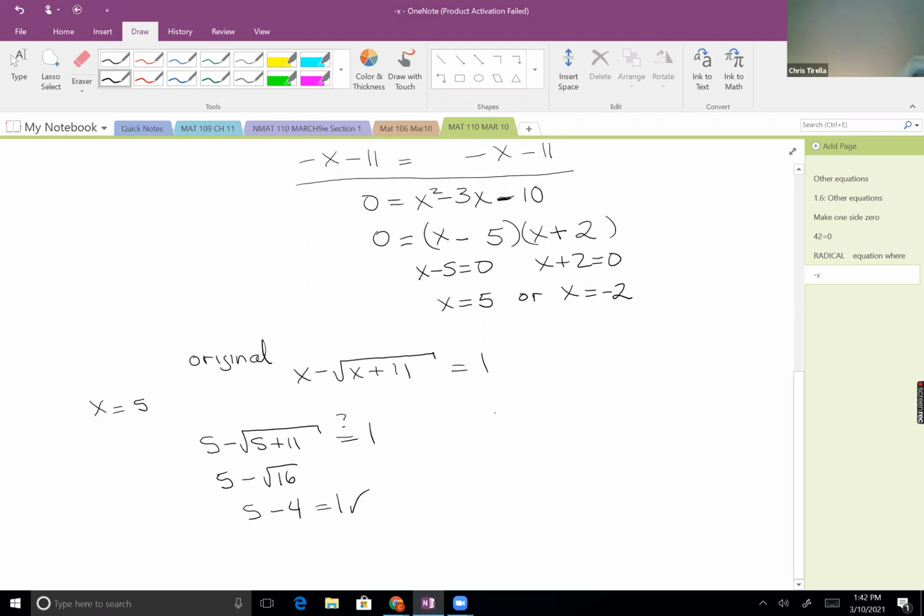Now let's check that x equals -2. And I get -2 minus the square root of -2 plus 11 is supposed to equal 1. So that's -2 minus the square root of 9, -2 minus 3, or -5, is definitely not 1.